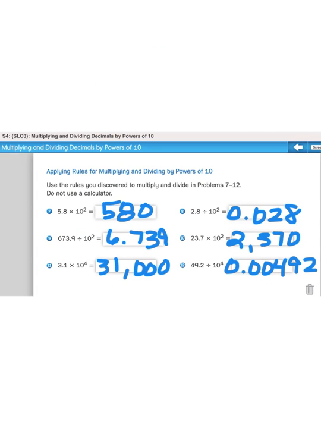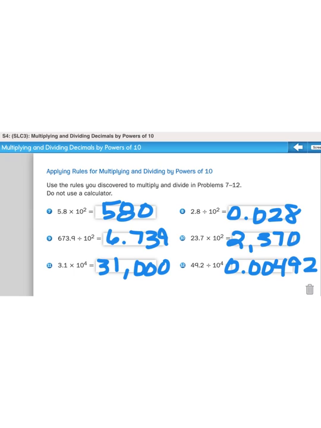So here are the answers to this page that we just completed. Number 7, 5.8 times 10 to the second is 580. We moved our decimal point 2 places to the right because our exponent was 2. Number 8, 2.8 divided by 10 to the second is 0.028.